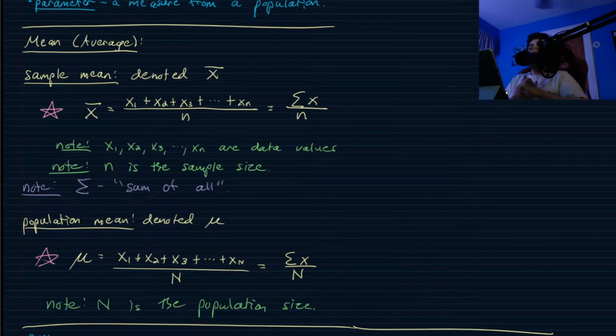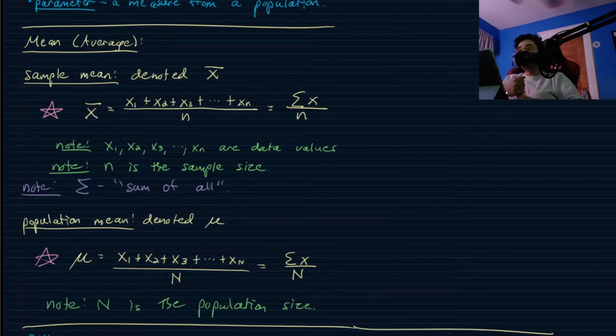Remember, when dealing with a population, a lot of the symbology deals with Greek letters, mu, sigma, things like that. Whereas when dealing with a sample, it's always English letters like X bar rather than mu, S rather than sigma for standard deviation, etc., etc.